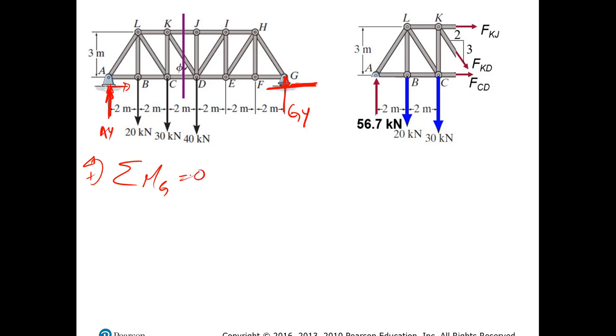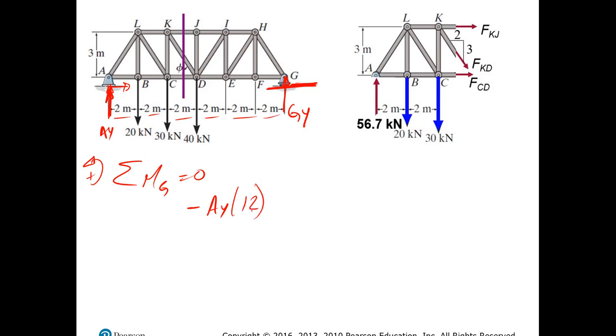Okay, so this is equal to 0. If I do that, then I will get AY, and let's see if it's positive or negative. By using the right hand rule, AY will be doing a clockwise moment, which means it goes negative. That multiplies the distance, and the distance is 2, 4, 6, 8, 10, and 12.